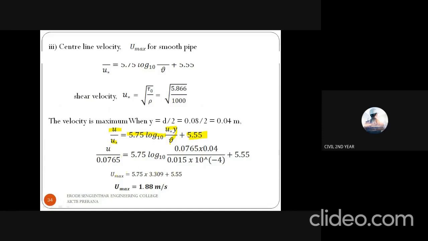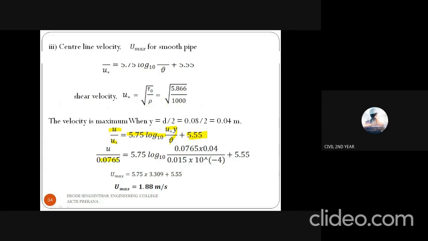The formula is applicable with U star equal to the square root of tau naught divided by rho. So tau naught here is 5.866 and rho is equal to 1000.